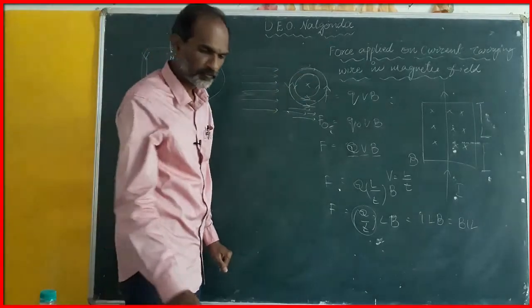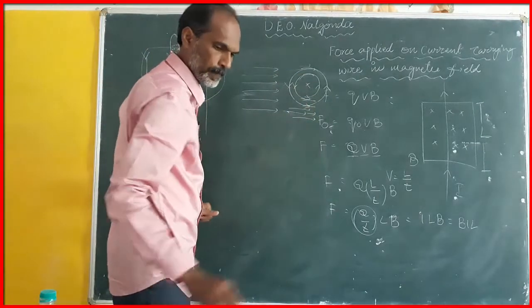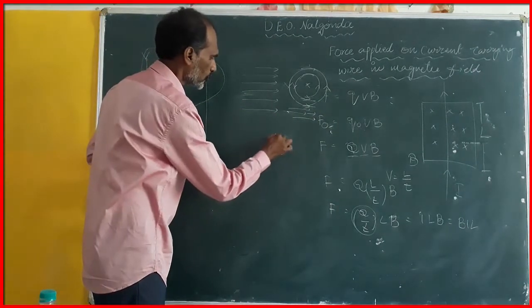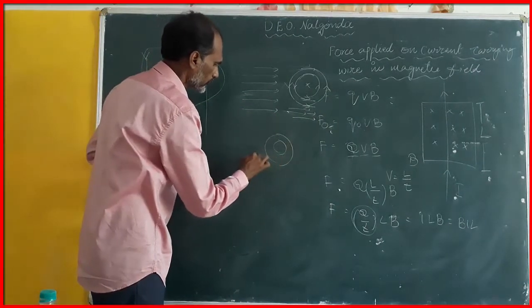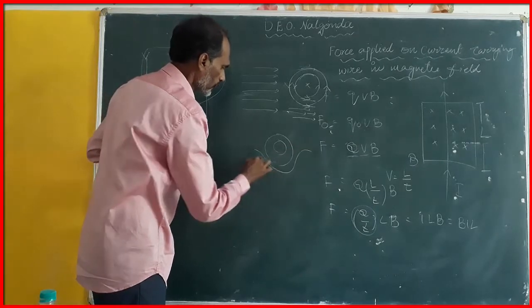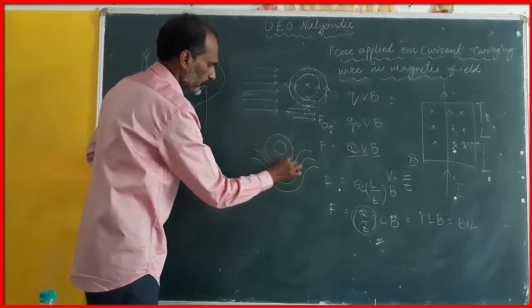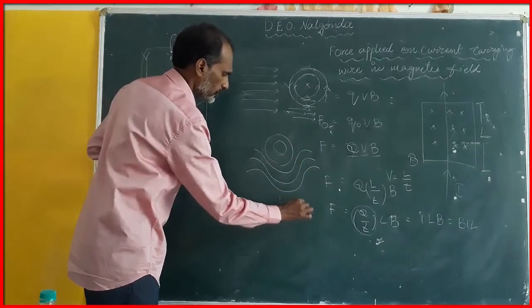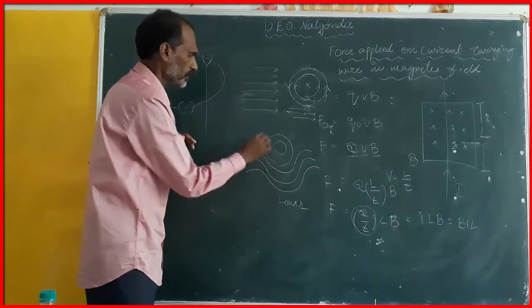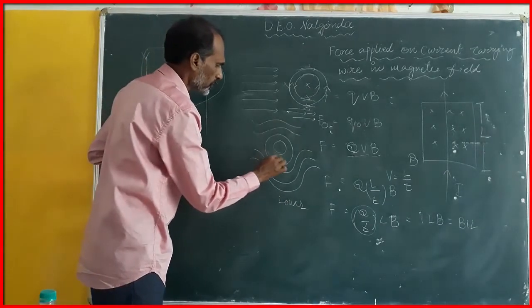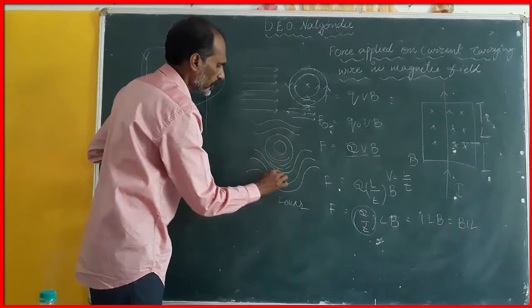The combined effect of these two can be drawn like this. For example, this is the current carrying conductor. In the lower part, more magnetic field lines are there, but in the upper part there are very few.